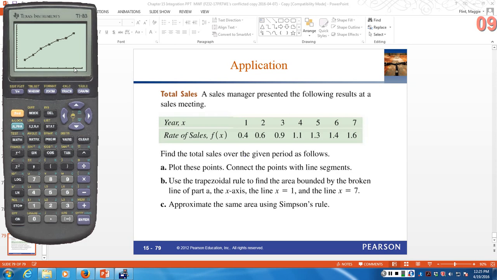So the way that we do that, if I can sketch what's on the calculator, and then I'll switch you over to it.